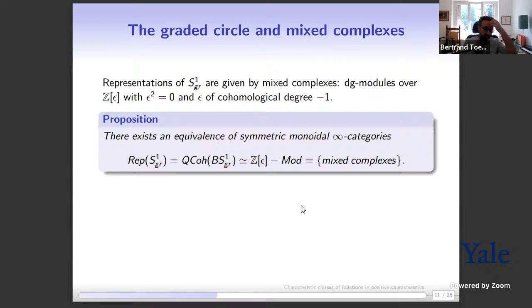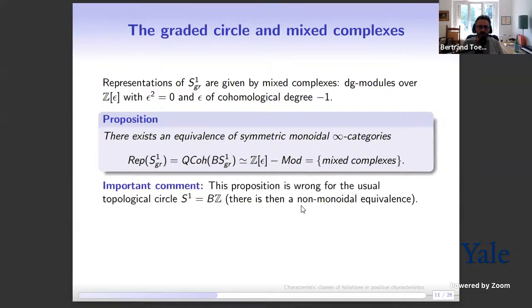So this explains why actions of the graded circle are differentials. And the fact that this equivalence is symmetric monoidal is important, because if we want to say that the differential is compatible with some algebra structure, we need a symmetric monoidal equivalence.